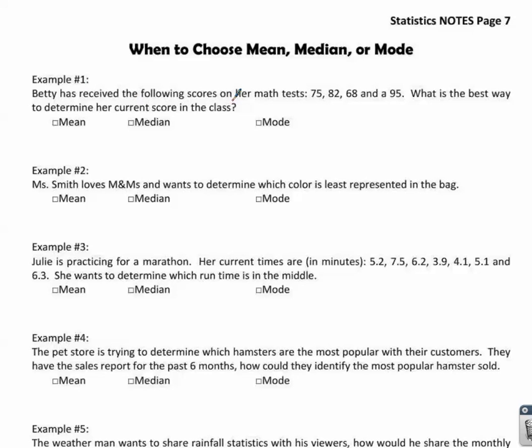So what I want you to do is find the average of these four numbers. So add them all up and divide by the number of numbers, so 4. So if I add together all those four numbers and divide by 4, I get 80. But then if I do this without the outlier of 95, I would get 75.